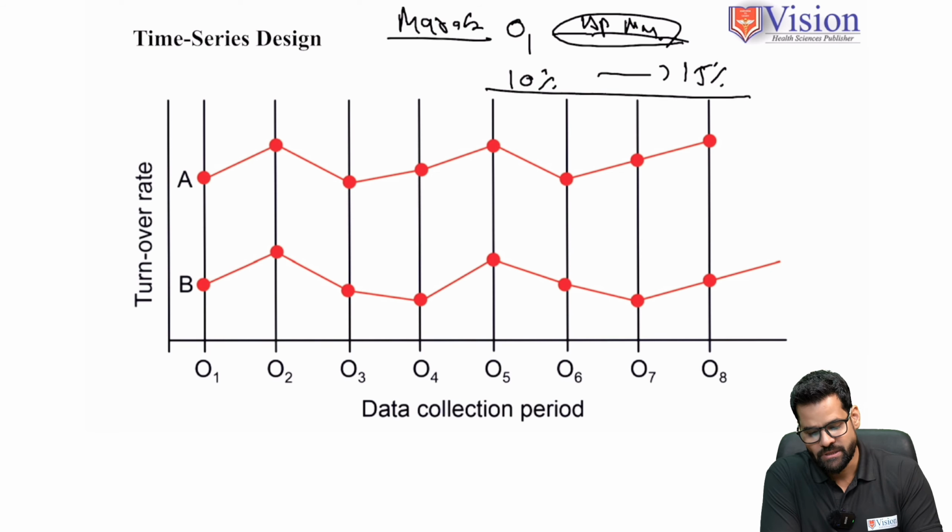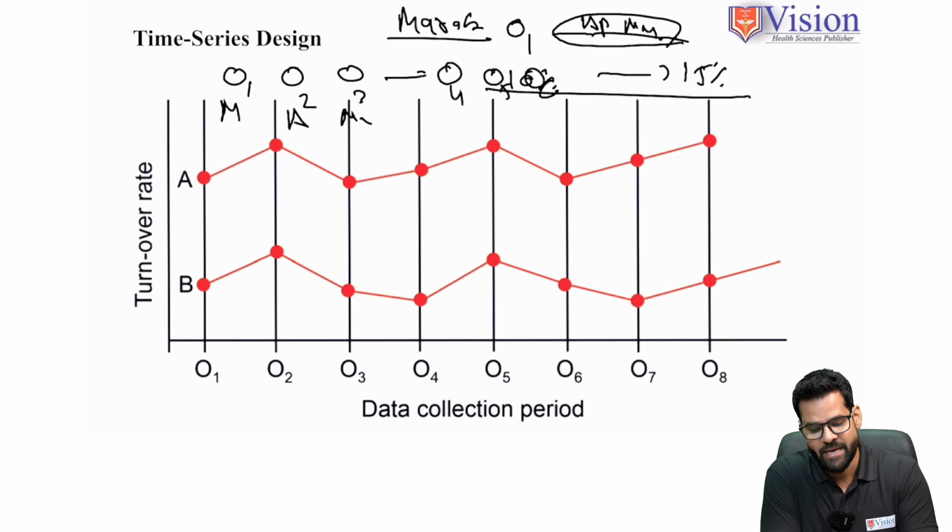Instead of that, what I can do is make observation 1 in the month of March, observation 2 in the month of April, observation 3 in the month of May, and then intervention, and then I'll observe again, observation 4, 5 and 6 in the months of June, July and August.